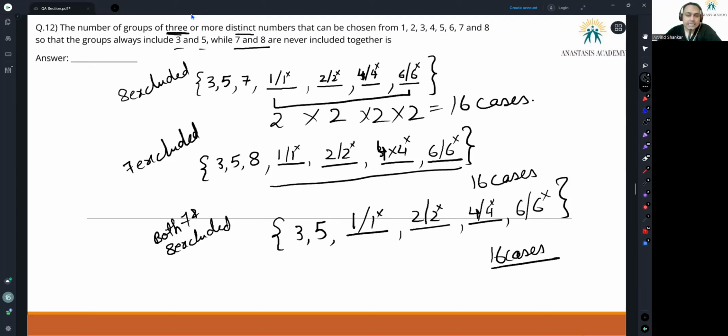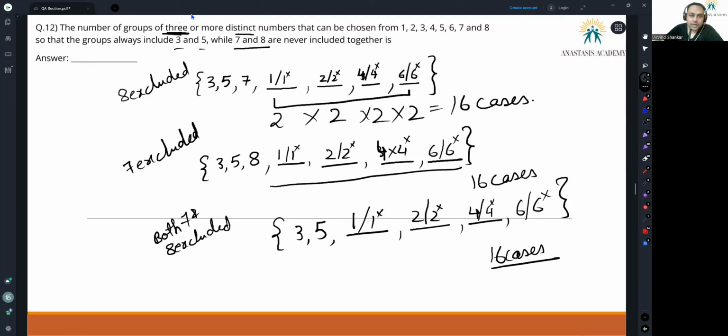But within these 16 cases, one violation would happen. We need a group of 3 or more. Within these 16 cases, there also exists a case in which 1 did not come, 2 did not come, 4 did not come, 6 did not come, all of 1, 2, 4, 6 have been excluded. In which case, our group will continue to remain a 2-element group.